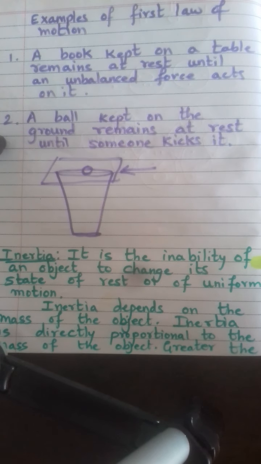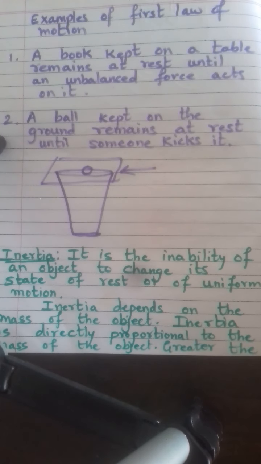Inertia is the inability of an object to change its state of rest or of uniform motion along a straight line. Now inertia depends on the mass of the object, and inertia is directly proportional to the mass of the object.